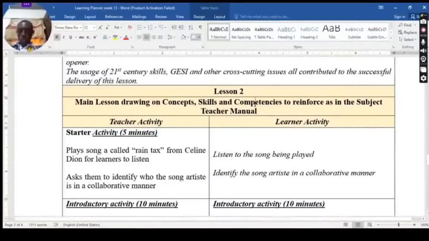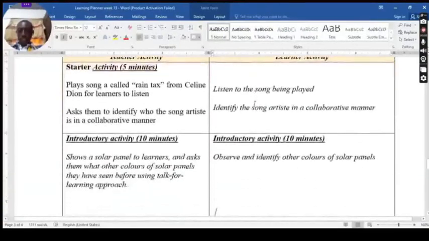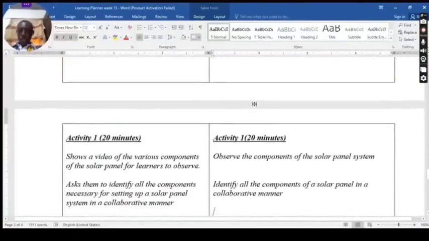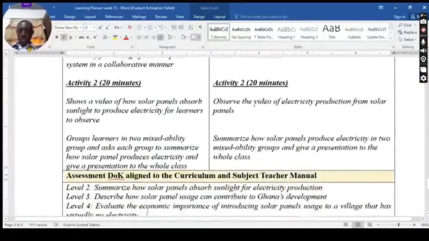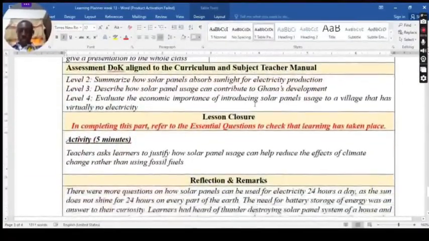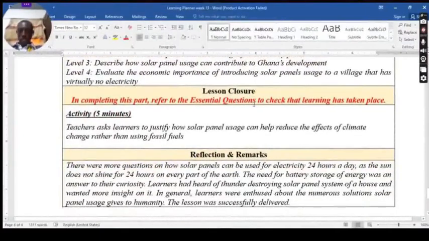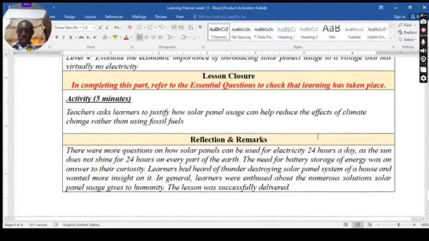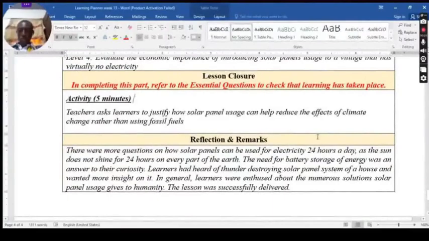Now, lesson 2 also has the same format as lesson 1: teacher and learner activity, starter, intro, activity 1, activity 2, then assessment, lesson closure, then reflections. So you do the same thing as we did for lesson 1. But that doesn't mean copy and paste.